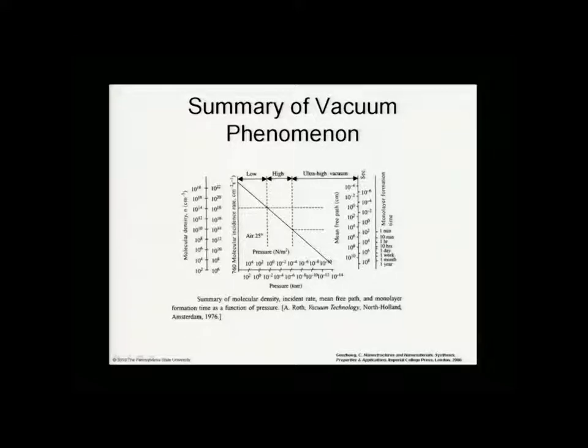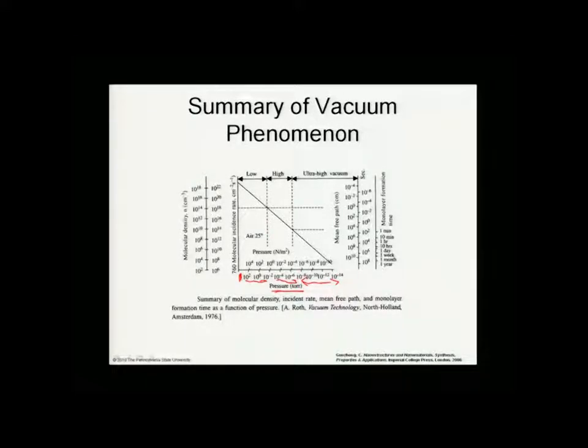Now, the things that happen at these different pressures can be seen here. Here's pressure in torr. Atmospheric pressure is up here, low vacuum is in here, high vacuum is in here, and ultra high vacuum is down here. This is a very interesting set of information.